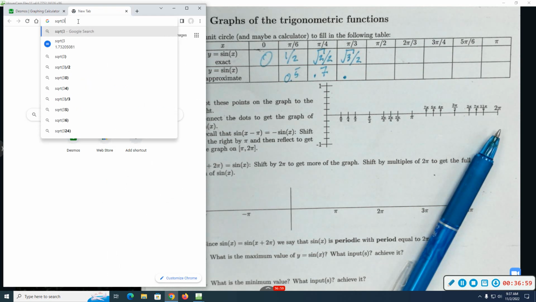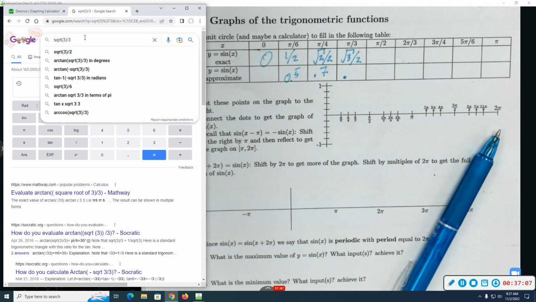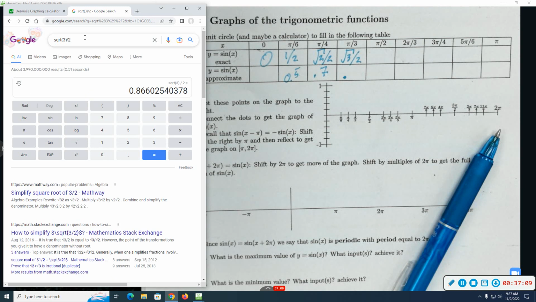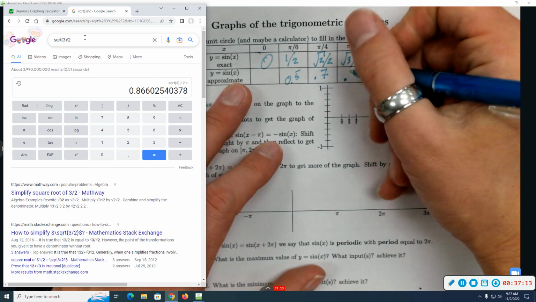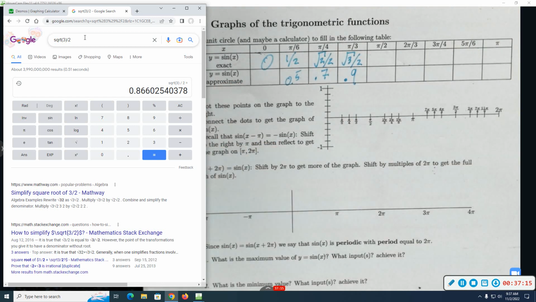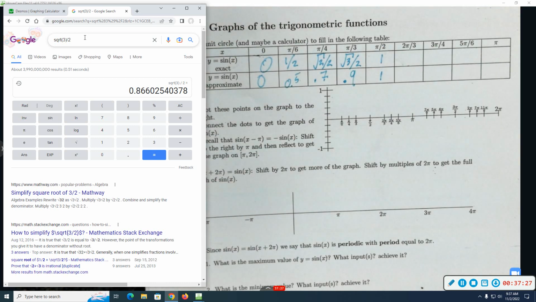Square root of 3 over 2 is about, that rounds up to 0.9, right? And let's also think about pi over 2. What are the trig functions at pi over 2? What is sine of pi over 2? Decimal approximations, 1 is 1.